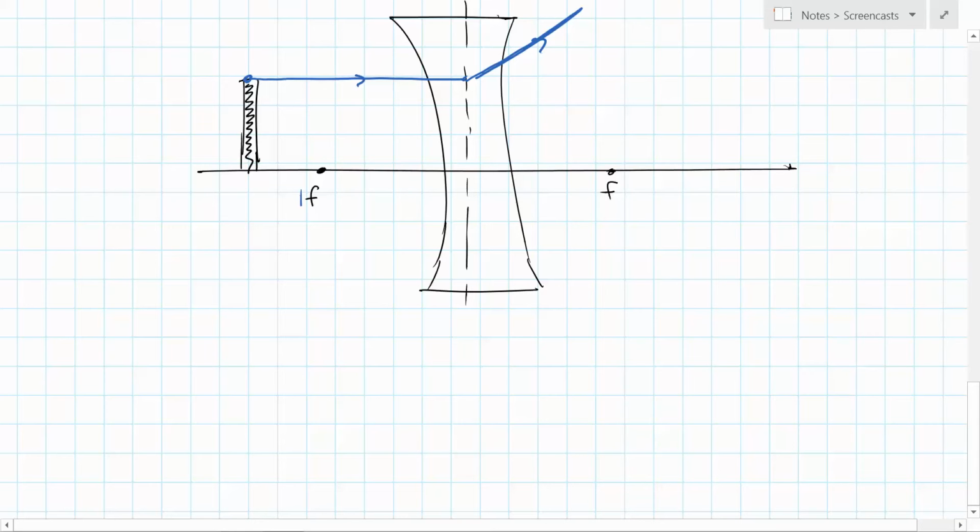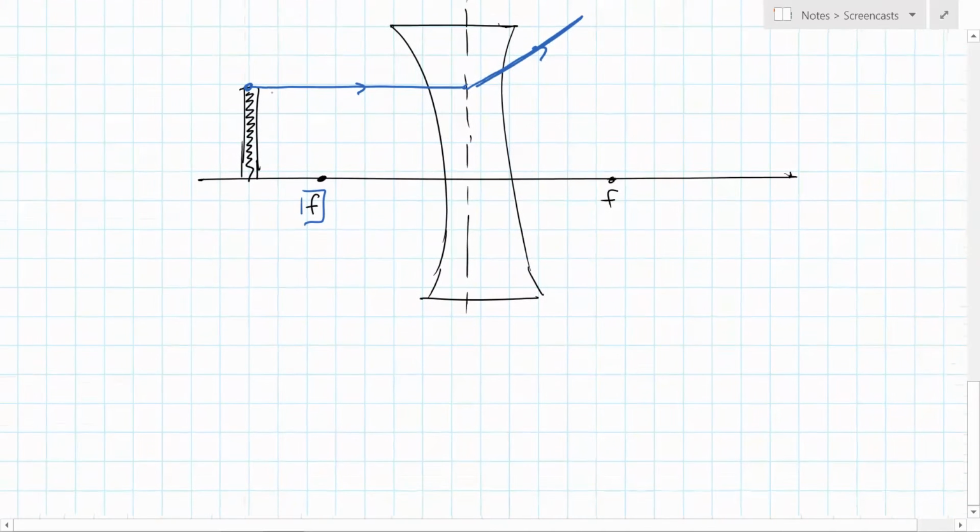Since this one went from the near focal point, the next one's going to aim for the far focal point. So I'm going to connect up those 2 points, draw a line in to the lens. This goes into F and then out parallel. And not as parallel as it could have been. Parallel, sure.